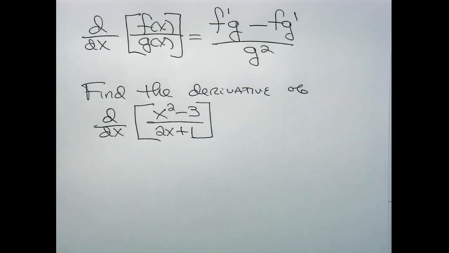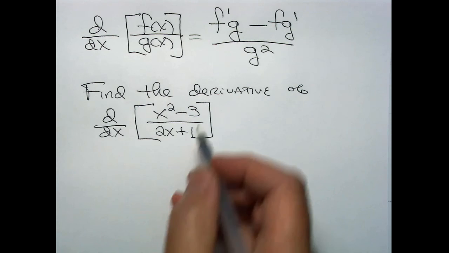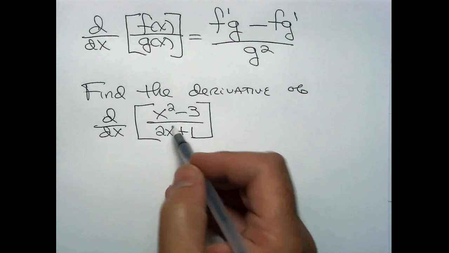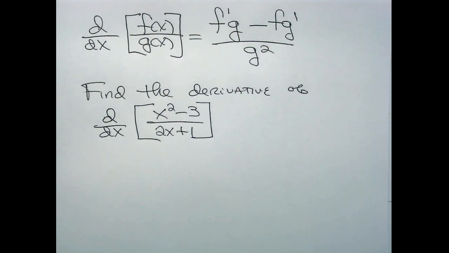So if it's a quotient, wouldn't it be nice if you could just say the derivative is 2x over 2, the derivative is x? I wish that were the case. You can't do that, so you need the quotient rule.